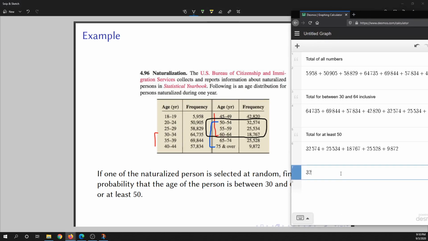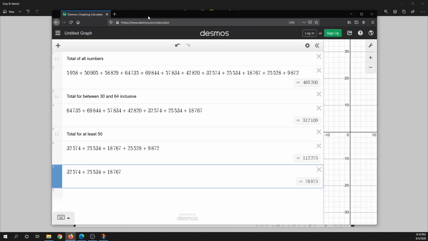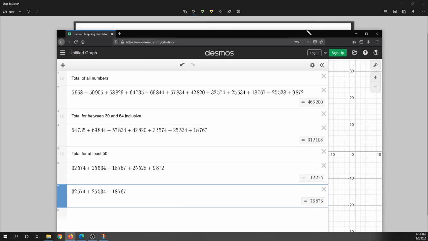All right, so 32,574 plus 25,534 plus 1,877. And that comes out to be 76,875. All right, so 76,875.